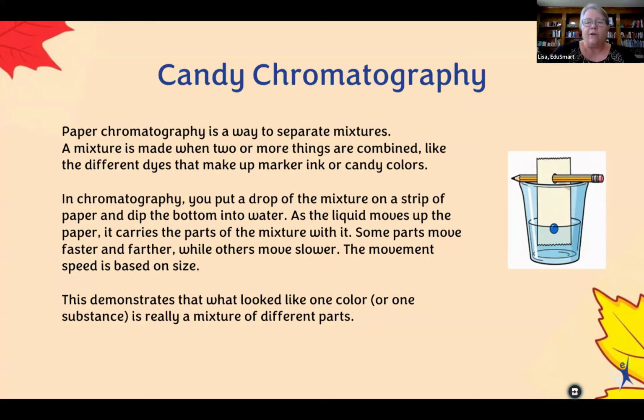My recommendation is to let them understand that that movement is based on size: if there's more than one dye, they're not always the same size, and the ones that are smaller will move up the paper faster. Help them understand that it sometimes takes more than one color to make one of those candy colors that you'll find on an M&M.